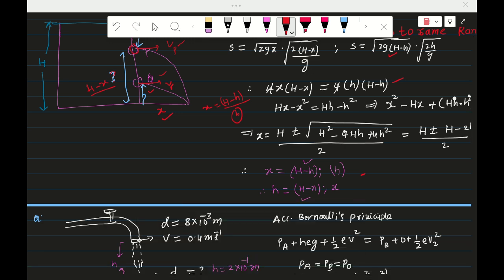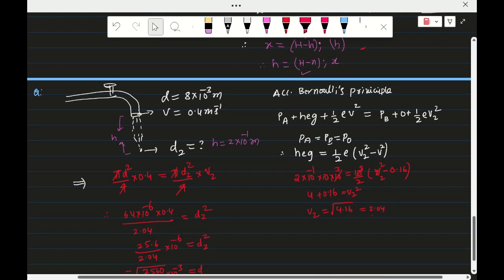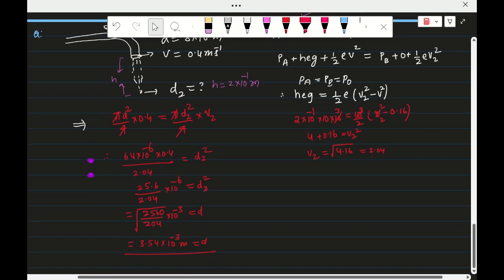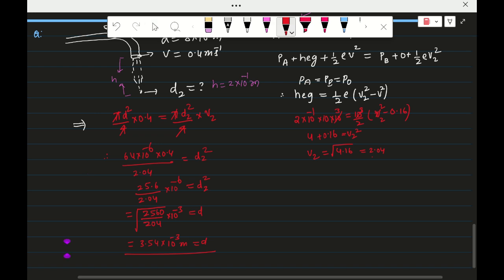Now we are at another question. So the tap. Water coming from the tap of diameter d, not only in this case, whatever the case, the area of cross section after some distance will decrease.